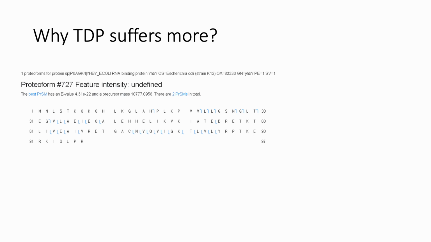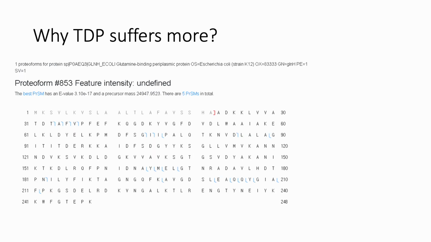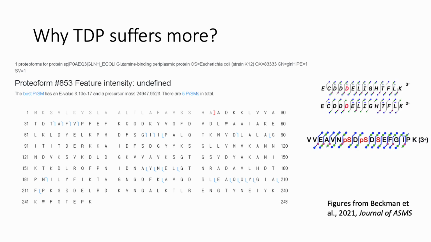This is an example of fragment mass mapping in high-quality proteoform identification. Another one, and another one. If we compare them with fragment mapping in bottom-up, we easily realize that we have quite rare complementary ion pairs in top-down.